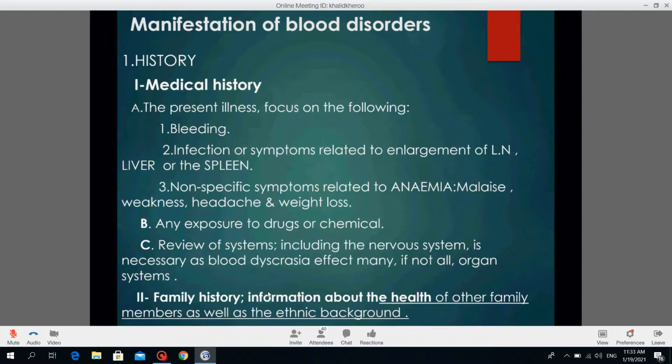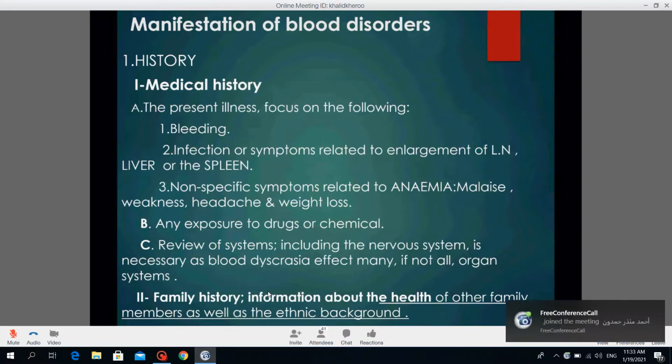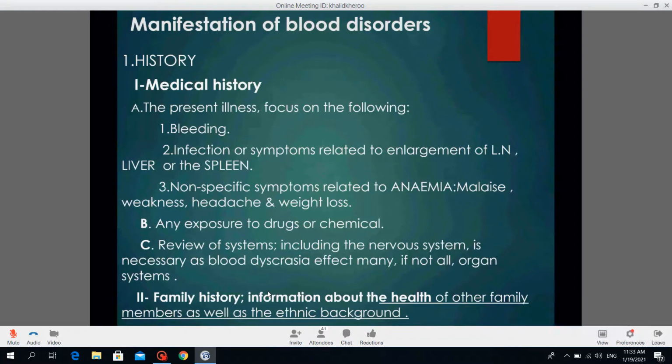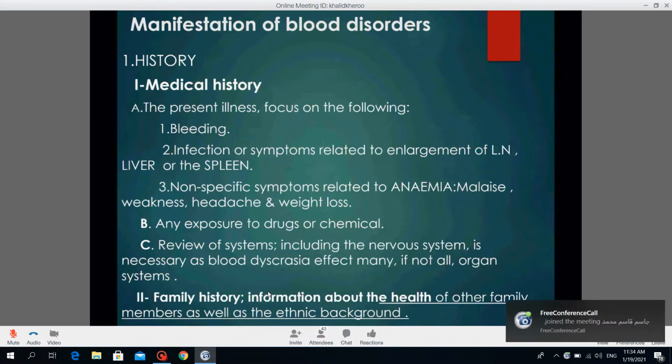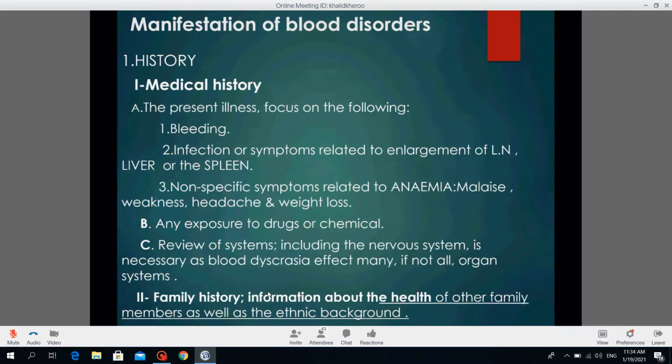Non-specific symptoms related to anemia. A patient may present with symptoms related to anemia, and these symptoms include malaise, headache, weakness, easy fatigability, tiredness. All patients with anemia share these non-specific symptoms. Why do patients with anemia present with these symptoms?